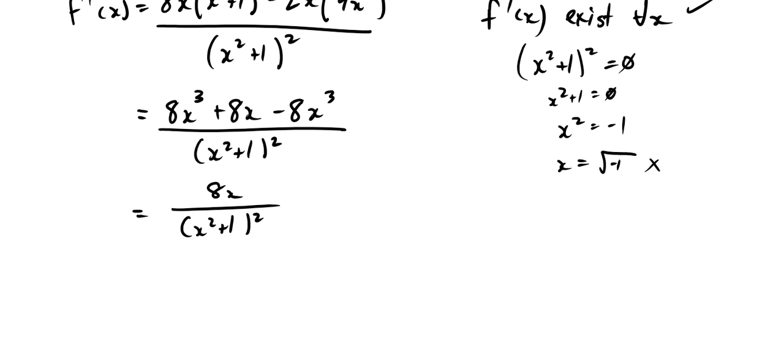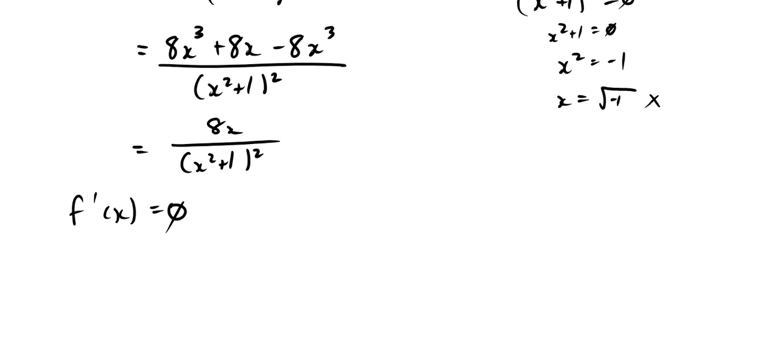So now we want to go on to where f prime at x equals 0. And so that's where the whole function 8x over (x squared plus 1) squared equals 0. But I know that it's really just the top that I care about, right? Don't get too caught up in the shortcut that we take where we only really care about the top.